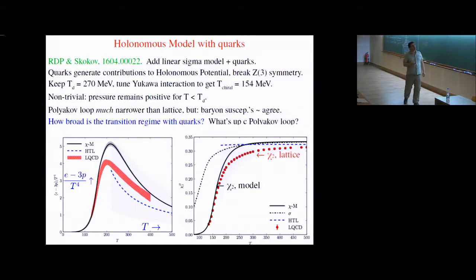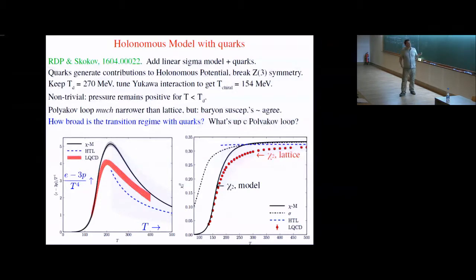What we did is we took a linear sigma model and we added quarks. Now, we added dynamical quarks that couple to the gauge field, so they'll also contribute to the holonomy potential, and in particular, they'll break the Z3 symmetry.